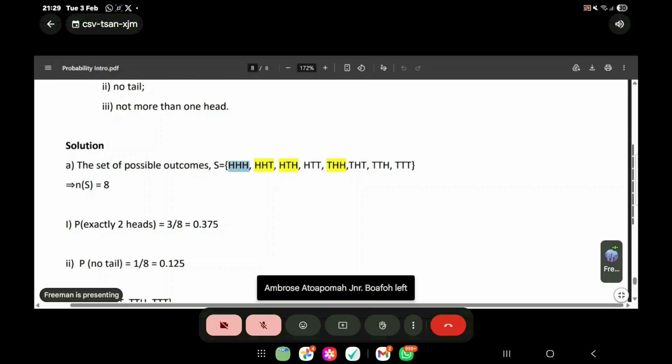They are all correct. Sometimes the question will tell you to leave your answer in 2 decimal places. So if it's 2 decimal places, then this will become 0.38.